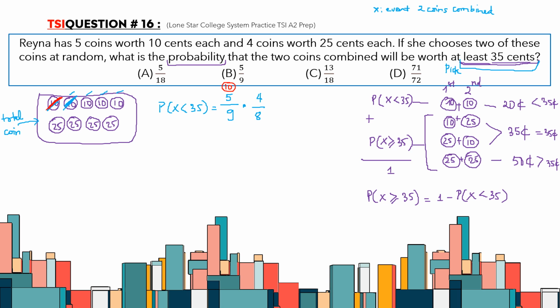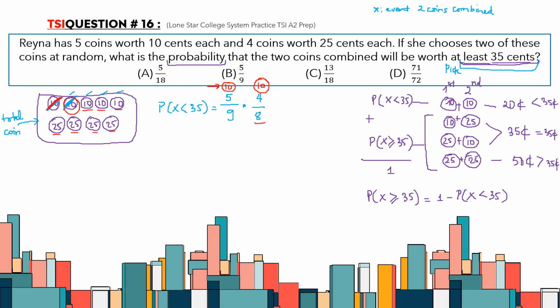So because we took it out, how many coins in total now? It's just 1, 2, 3, 4, 5, 6, 7, and 8. So 8 coins left. And then how many 10s can we pick from? We can pick 4 out of 8. So this is the second 10-cent coin we can pick.